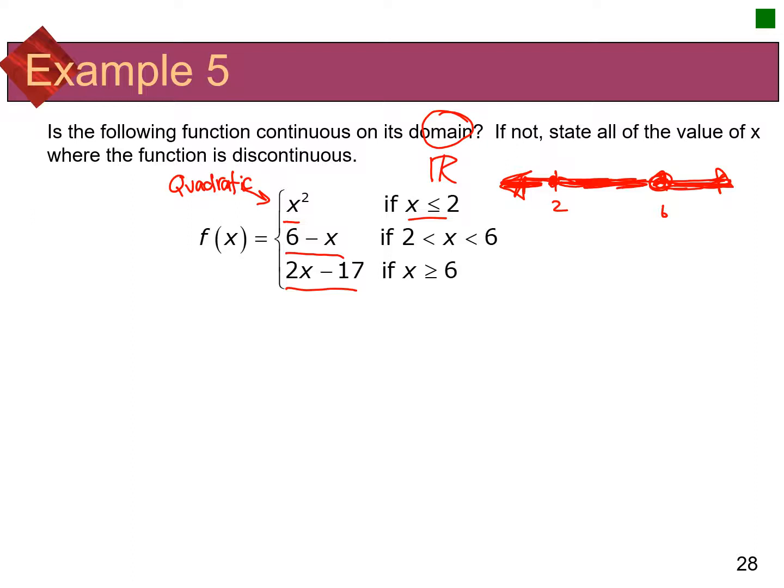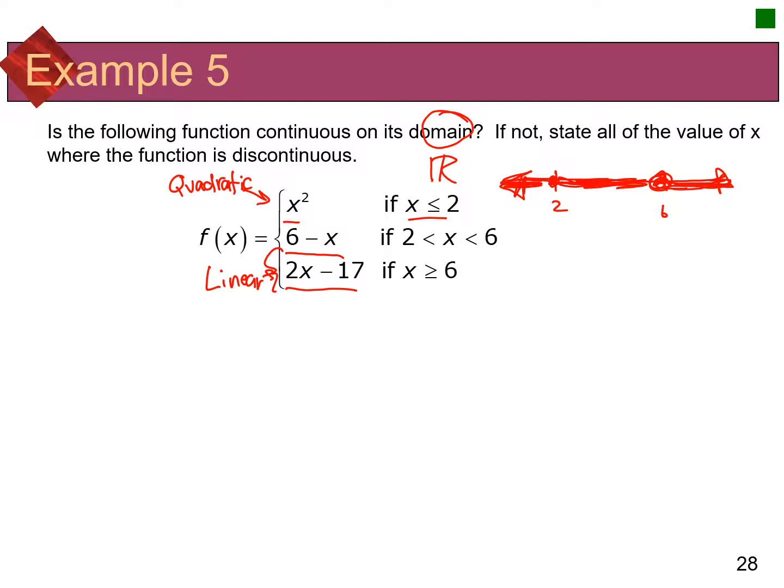Therefore, I don't have to worry about that. These 2 are linear. Same issue. I mean, they're continuous everywhere, so the functions themselves are not going to cause me any kind of concern because of the fact that these functions would normally be continuous everywhere.